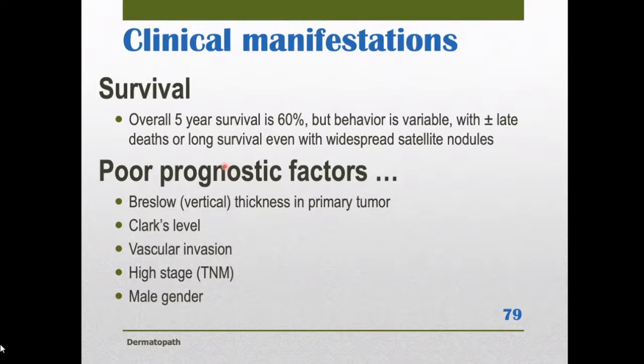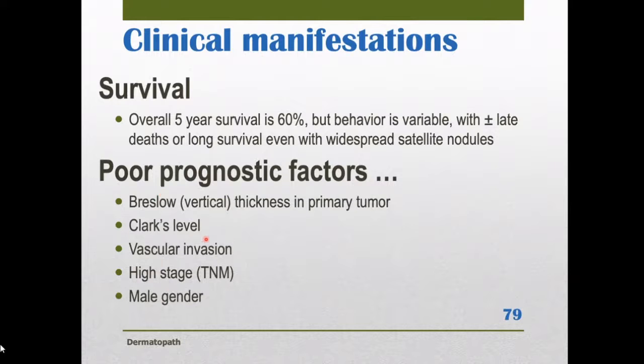So, clinical manifestation, the survival of this patient overall means that within 5 years, 60% of these patients will still be alive, but this is variable. There are many factors. So the poor prognostic factors, we have Breslow thickness.